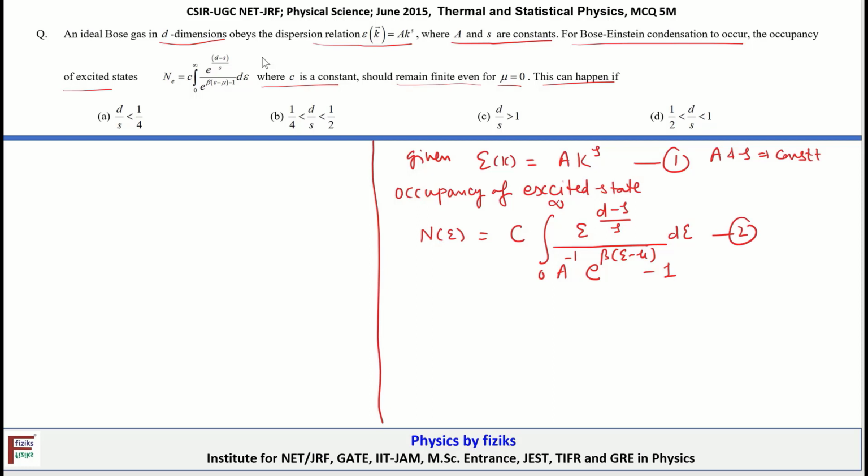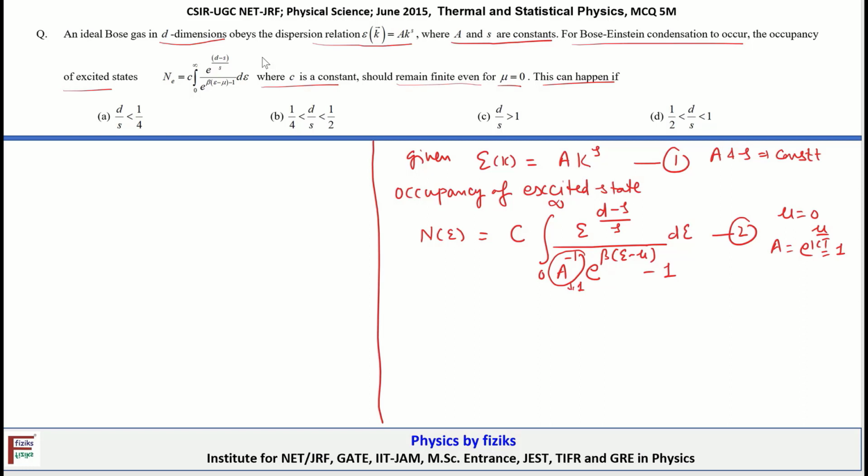Let's call this equation 2, because it's given that mu is equal to 0, where a is exponential mu upon kT, and this is equal to 1 in this situation. So that's why it's not there in the given integral. This quantity is equal to 1 here.